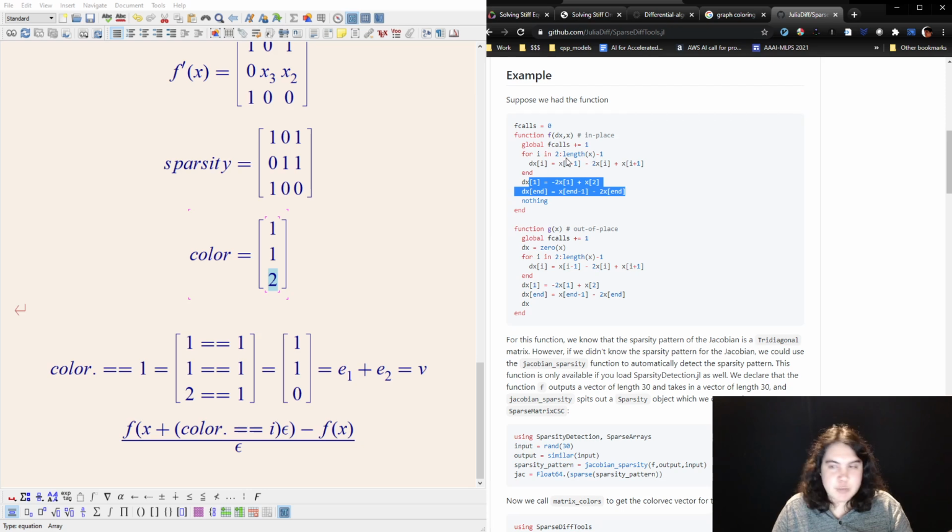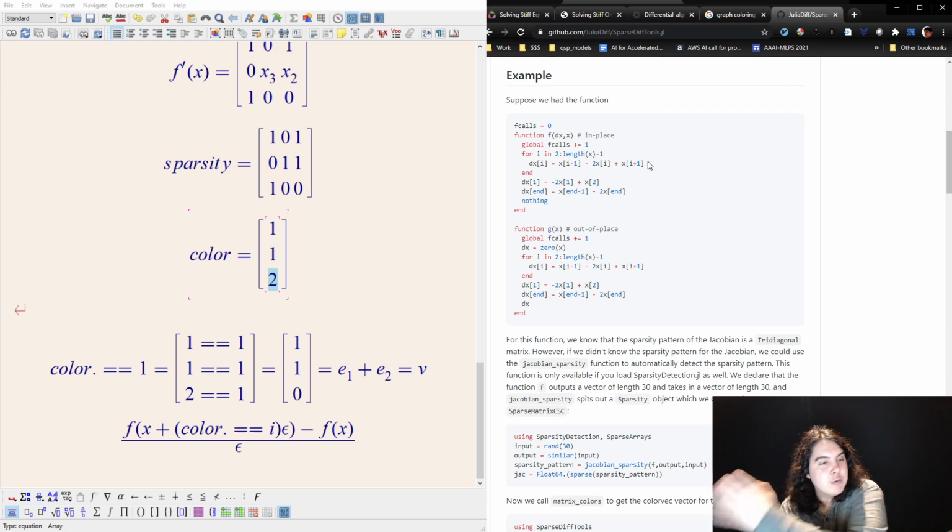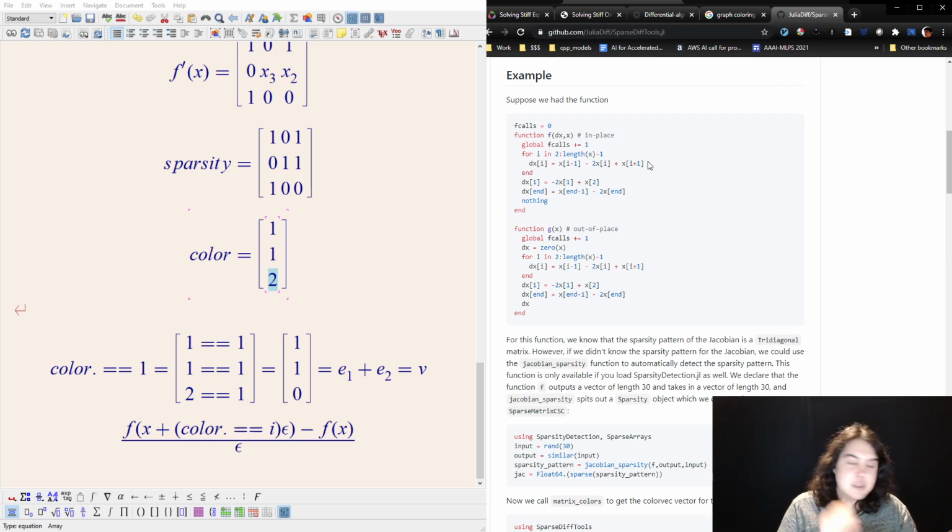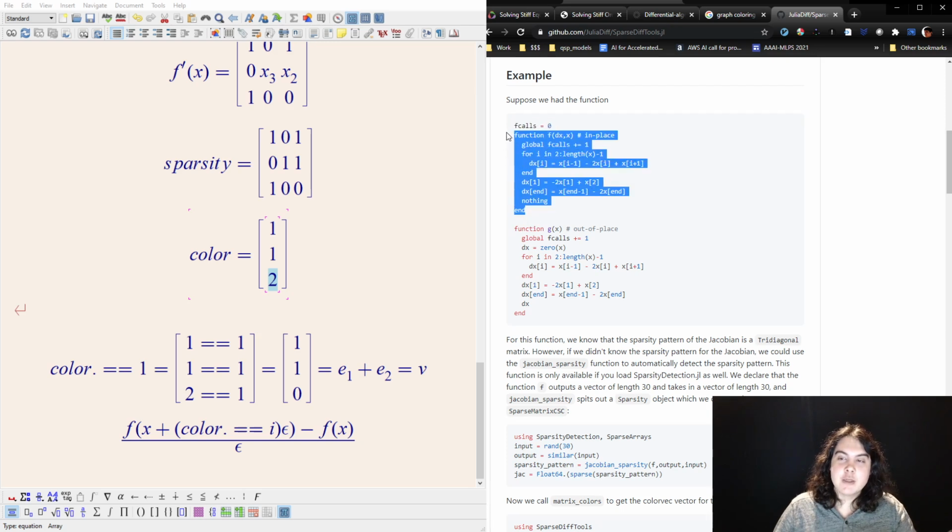That's a sparsity pattern because i is only connected to i minus 1 and i plus 1. It turns out that you can then just alternate by threes. So your colors are 1 2 3 1 2 3 1 2 3, and that'll work out. Therefore, no matter what the size of the matrix is, you can build the entire Jacobian just by calling F 4 times.